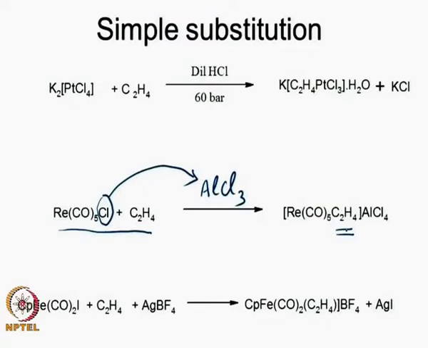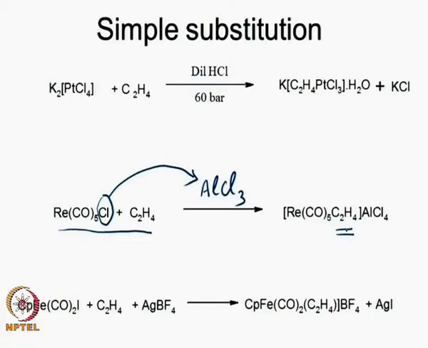Another example is the generation of a vacant coordination site in the complex by using a silver salt. By using the principle that silver 1 ion is halophilic, it will tend to react very readily with any halide ion in the coordination sphere of a metal.